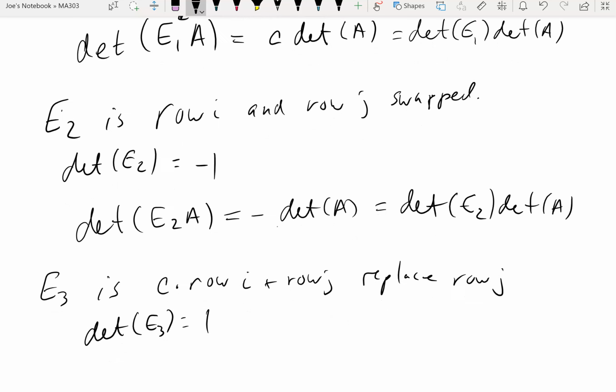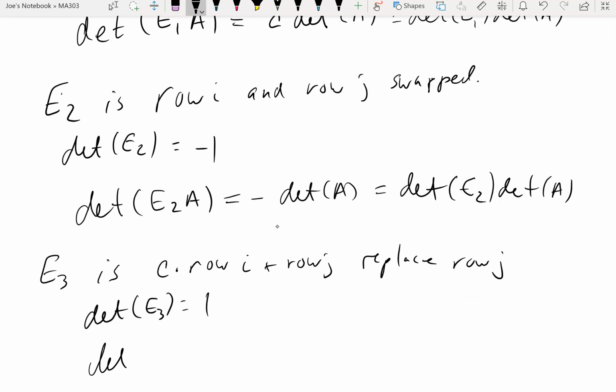And then just like before, if I do E3 times A, what effect does this multiplication have on A? Yeah, exactly. It just does the same elementary row operation, right? Does that change the determinant?